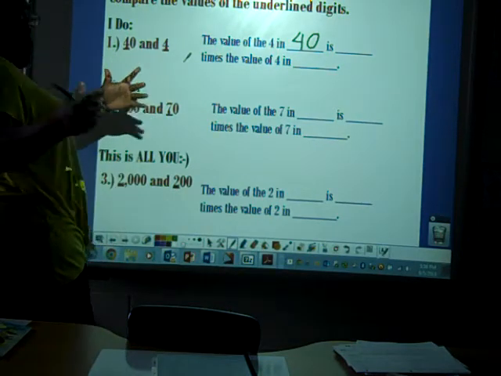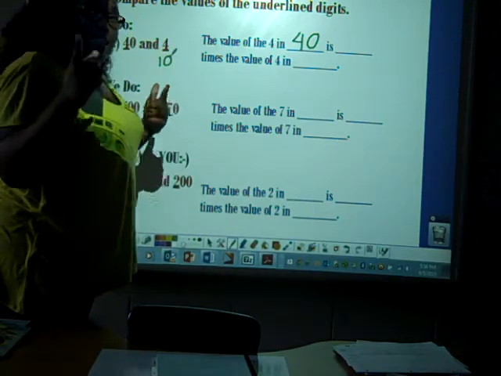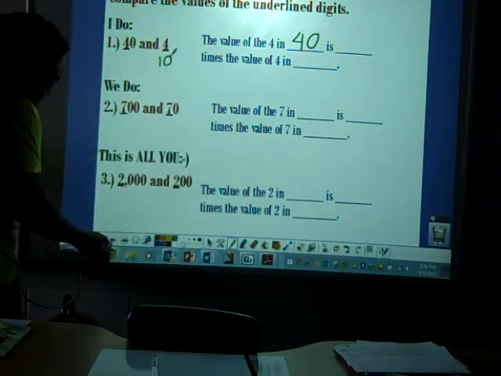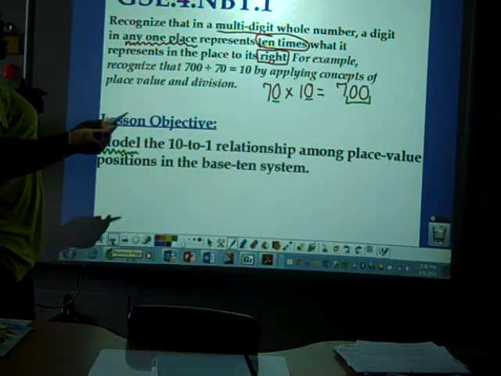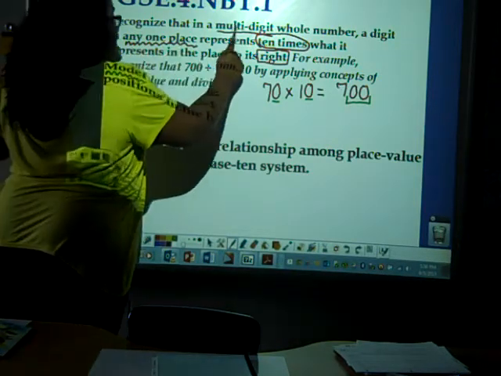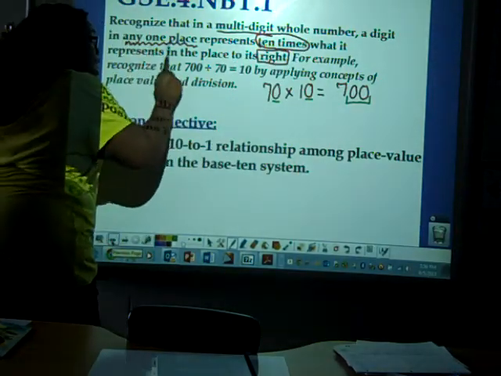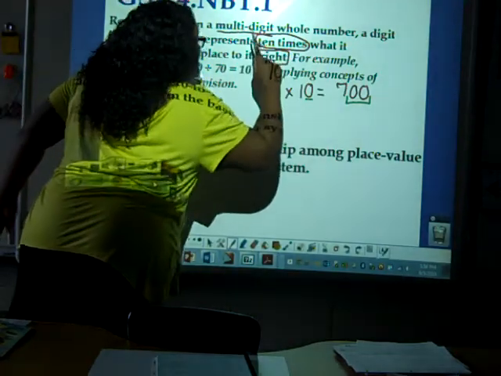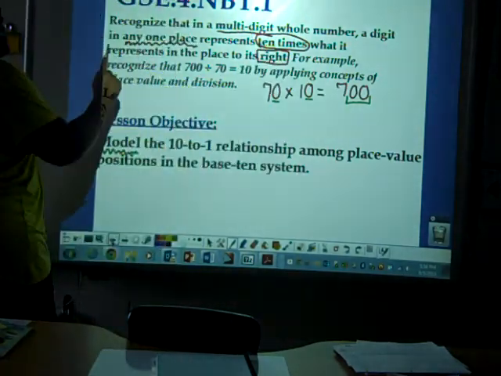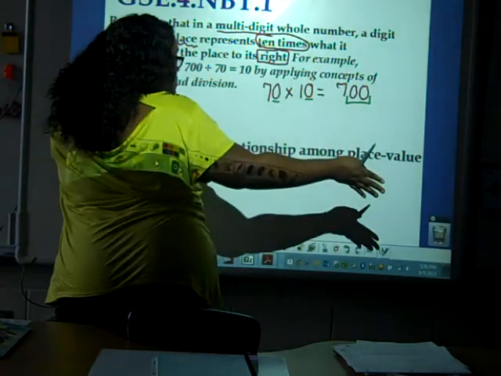I know. 10. Do you remember our lesson objective? Our standard? We're going to recognize in a multi-digit whole number, a digit in any one place represents 10 times what it represents in the place to its right.